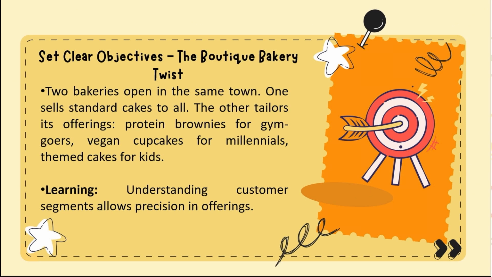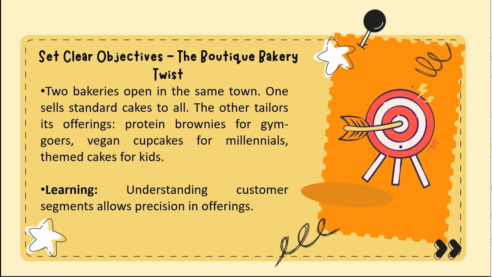They are selling protein brownies for gym goers, vegan cakes, cupcakes for millennials and themed cakes for kids. Lots of funny designs, lots of cartoon characters on the cake, and for teenage girls lots of K-pop elements on the different cakes.